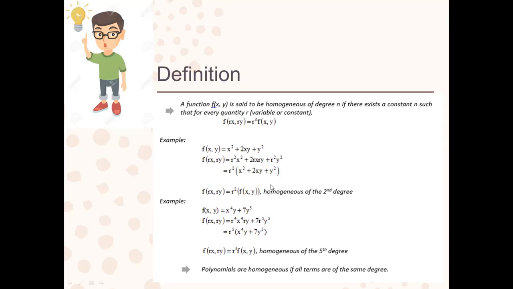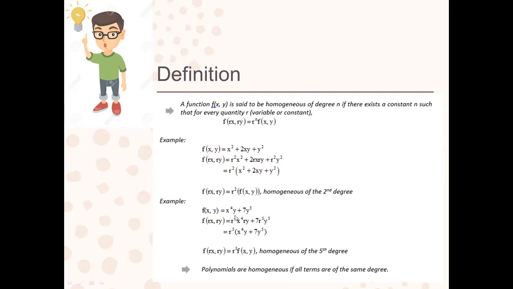Now, another example here is for this function, still of the variables x and y. Even if I do not change my x and y to rx and ry, as stated here, I can right away tell that this term is fifth degree, and this one is also fifth degree. Since both terms have the same degree, this function is said to be a homogeneous function of fifth degree.